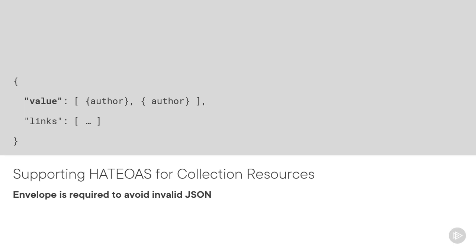This might be the moment when you're thinking, wait a minute, this doesn't make sense. When we learned about paging, we learned that we couldn't use an object like this, with a result field to hold a list of authors and a metadata field to hold the pagination data, because that would break the self-descriptive message constraint. The content of the response doesn't match the content type value in the response header, so the consumer of the API does not know how to interpret the response type judging from the content type.